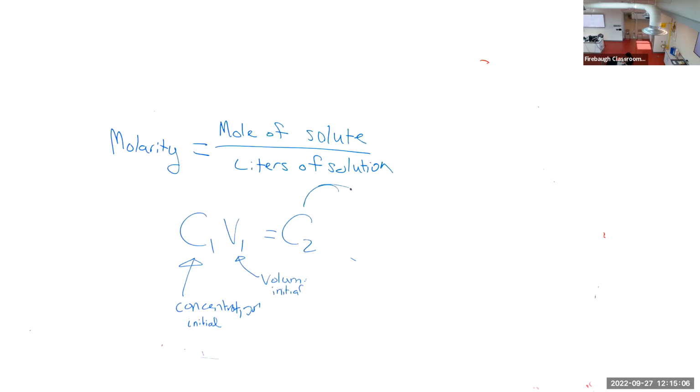C2 represents the concentration that we want, and V2 represents the volume that we want. Okay?